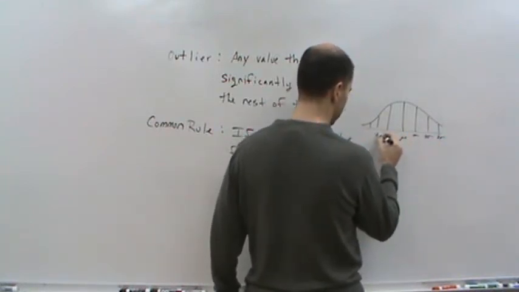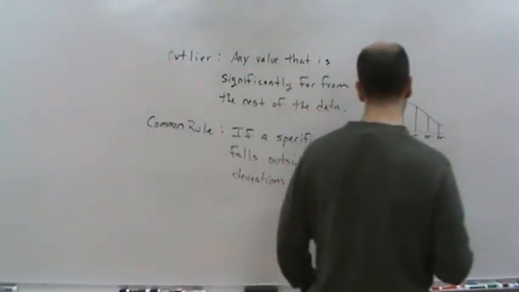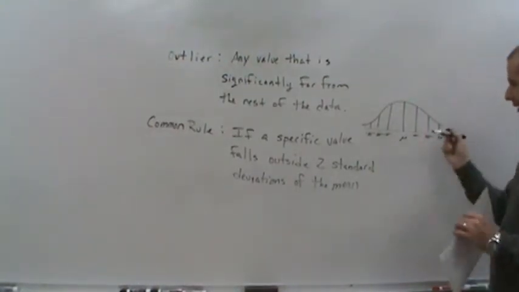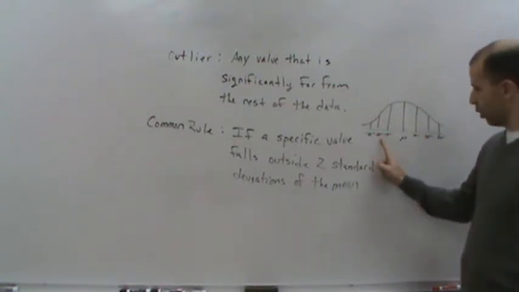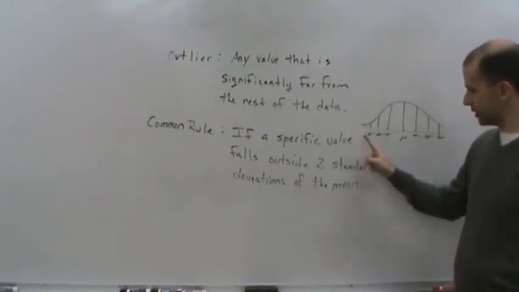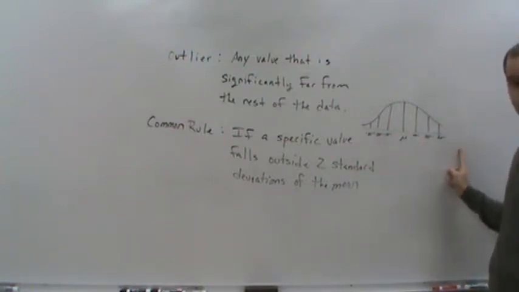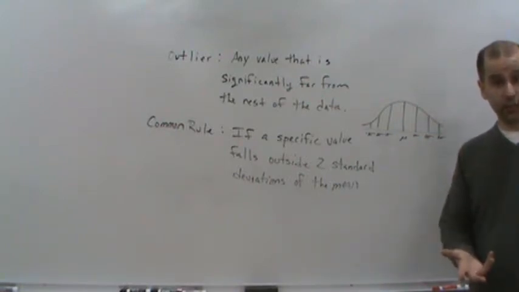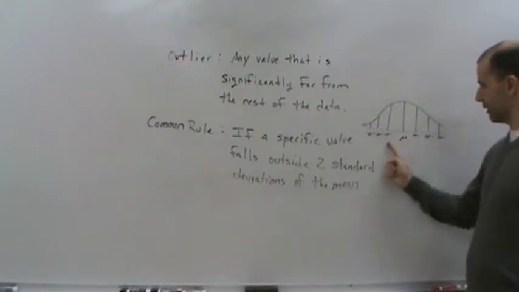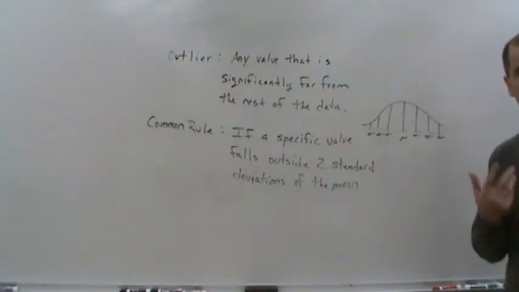If we have a particular value of x, and it falls either greater than 2 standard deviations this way, or greater than 2 standard deviations this way, so if it's too small or too big, we're going to consider that value to be very unusual, not likely to occur. Any values within this range, we're going to say those are typical values. And that's what we're going to consider an outlier.